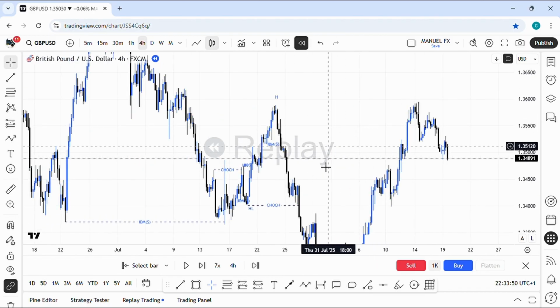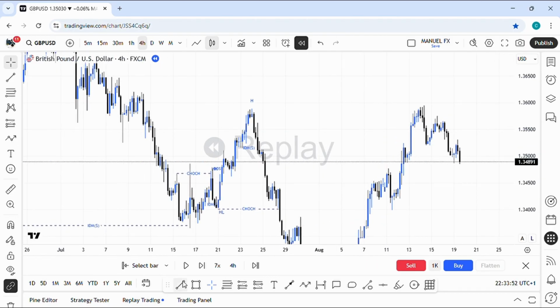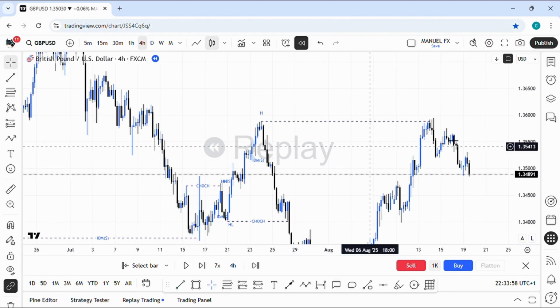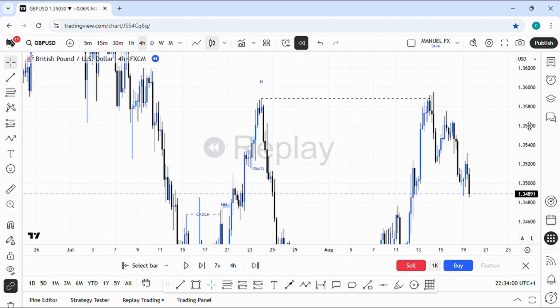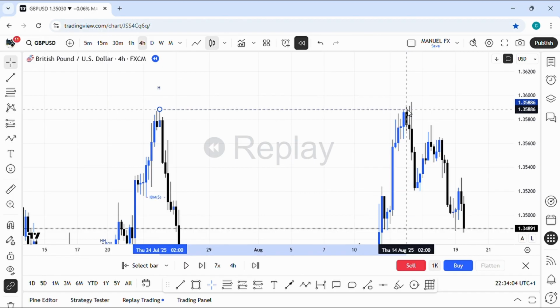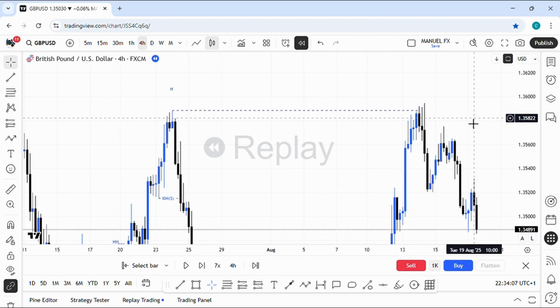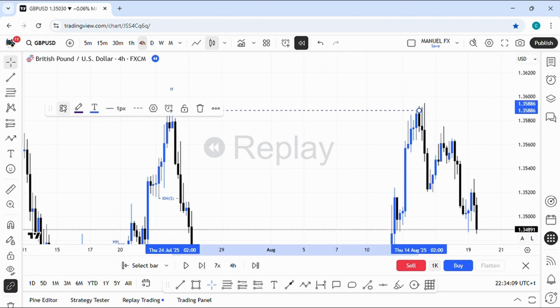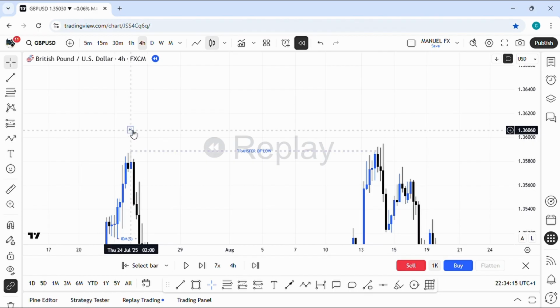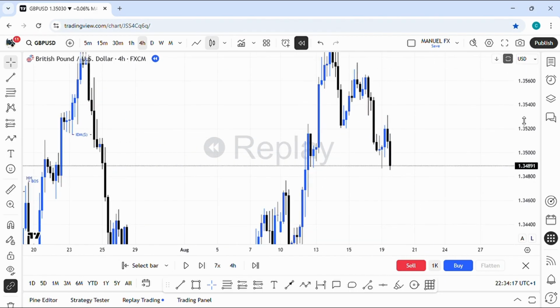Like I told you, once price takes out a high or a low with a wick, it becomes a transfer of low.